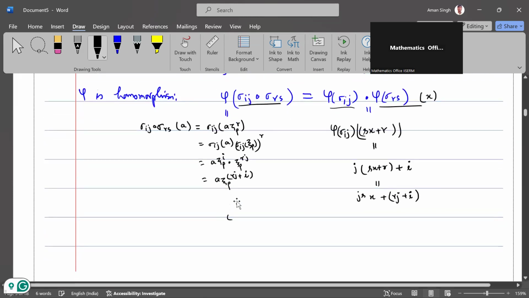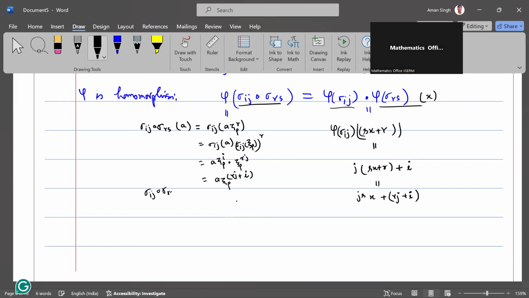Now coming to where zeta_p is going, sigma_ij composite sigma_rs applied on zeta_p. I'm not calculating the left hand side right now. I'm just calculating what is inside.